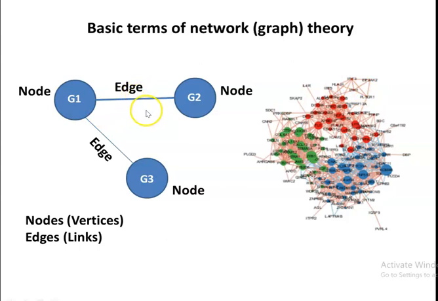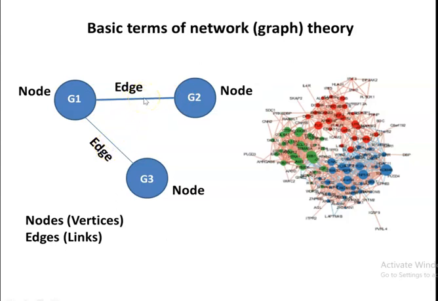Also, it's important to mention here that edges can have a property of their own, called weight, and it represents the intensity of the relationship that they are establishing between two nodes. Sometimes it is represented by the difference in the thickness of the line that is connecting the two nodes, for example, like here.